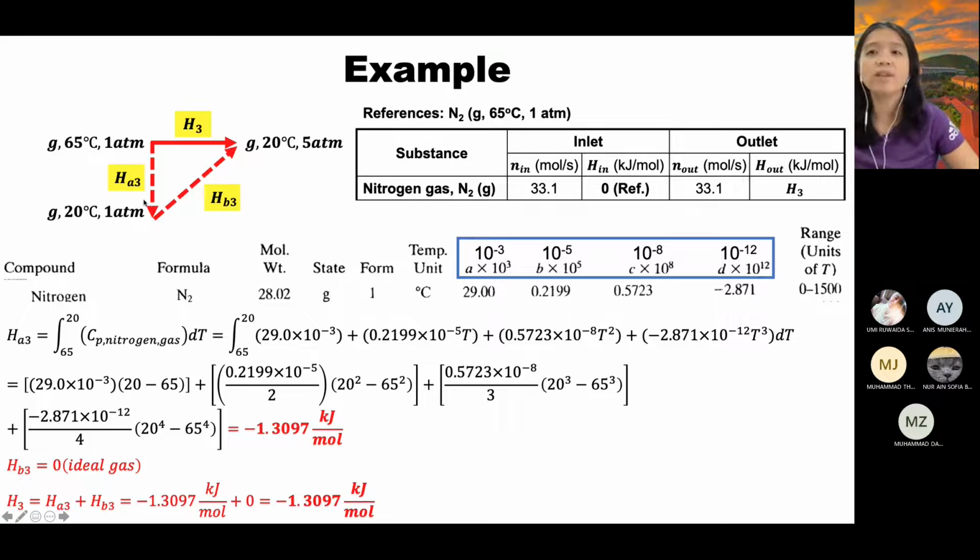Okay, so then next, H3. Kan kita ada 3 enthalpy kita nak kira, H3 from nitrogen gas, 65 Celsius 1 atm kepada nitrogen gas 20 Celsius 5 atm. So in this case, tak ada perubahan fasa, only change of temperature. So you just change the temperature, HA3, I bring down to 20 Celsius, HB3, I increase the pressure from 1 atm to 5 atm.